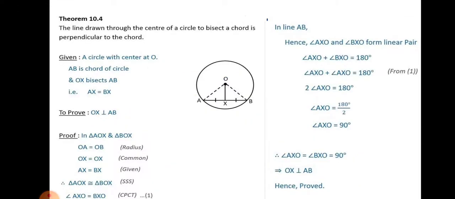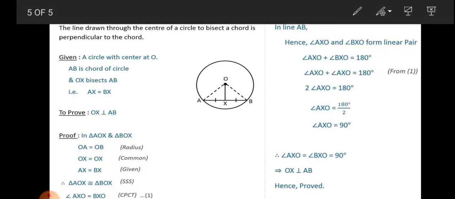Theorem 10.4: The line drawn through the center of a circle to bisect a chord is perpendicular to the chord. Given a circle with center O, AB is a chord of the circle, OX bisects AB, meaning AX is equal to BX.